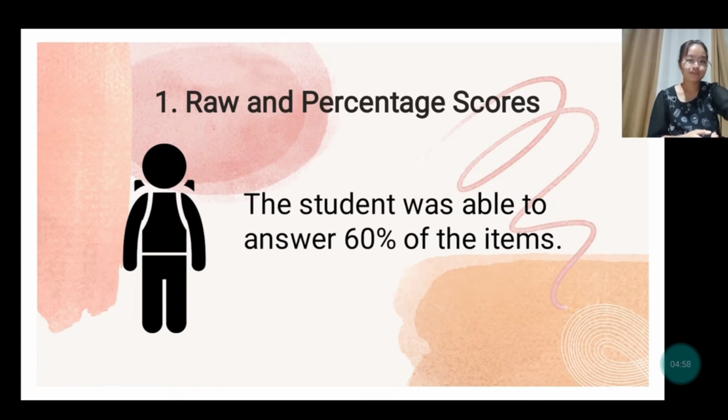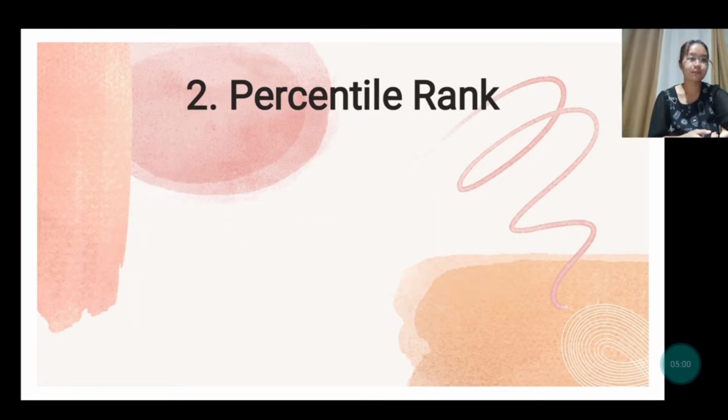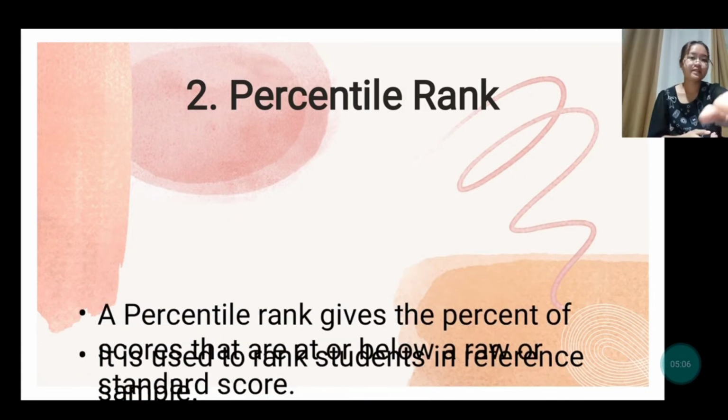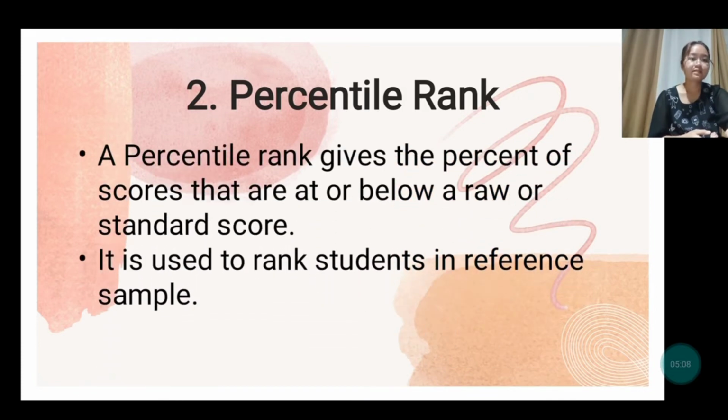Other than that, there is also the percentile rank. So what is a percentile rank? A percentile rank gives the percent of scores that are at or below a raw or standard score. It is used to rank students in a reference sample.